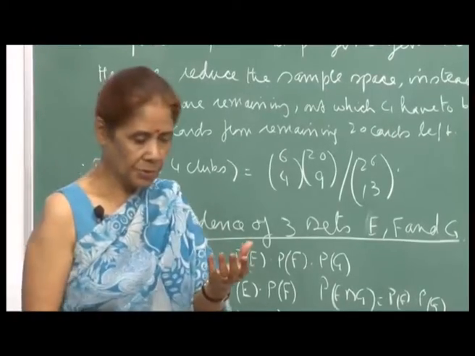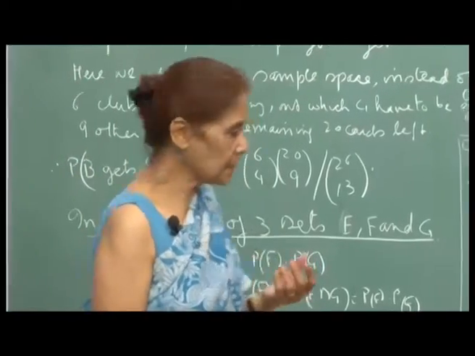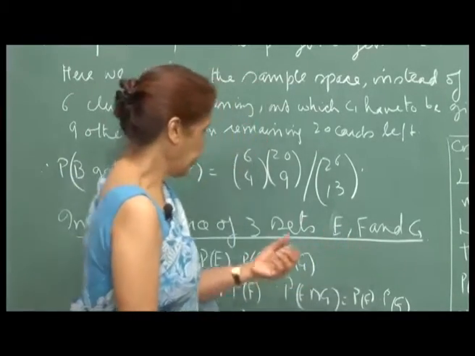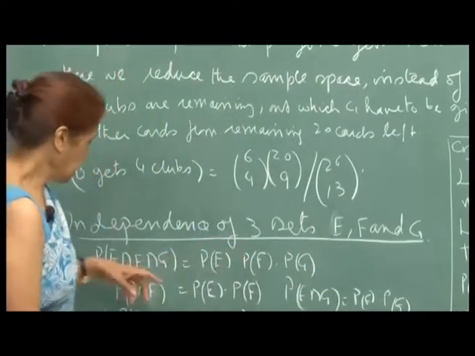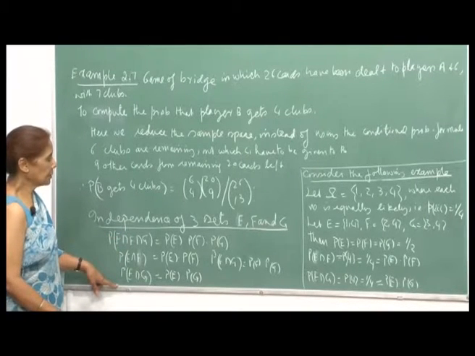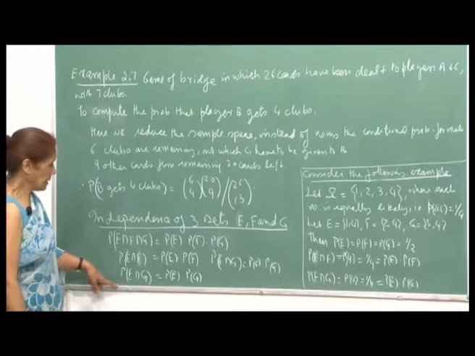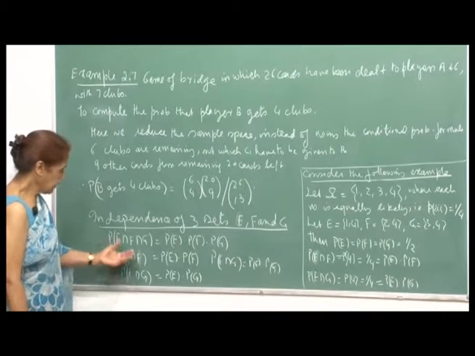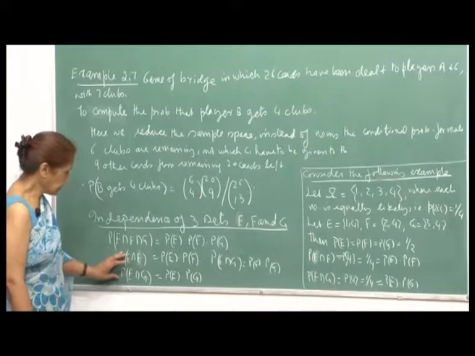Now, remember I asked you to construct examples when we were talking of independence of 3 sets. In that case, I showed you that there are 4 conditions which have to be satisfied before you can say that the 3 sets are independent. Then I asked you to construct a counter example in which the last 3 are satisfied.